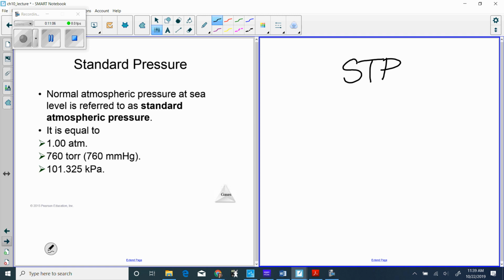Stop me now. STP. You might remember STP. STP is standard pressure and temperature. Standard temperature is 273 Kelvin. Standard pressure is 1 atm. So if it says it is at STP, this is your temperature and pressure.